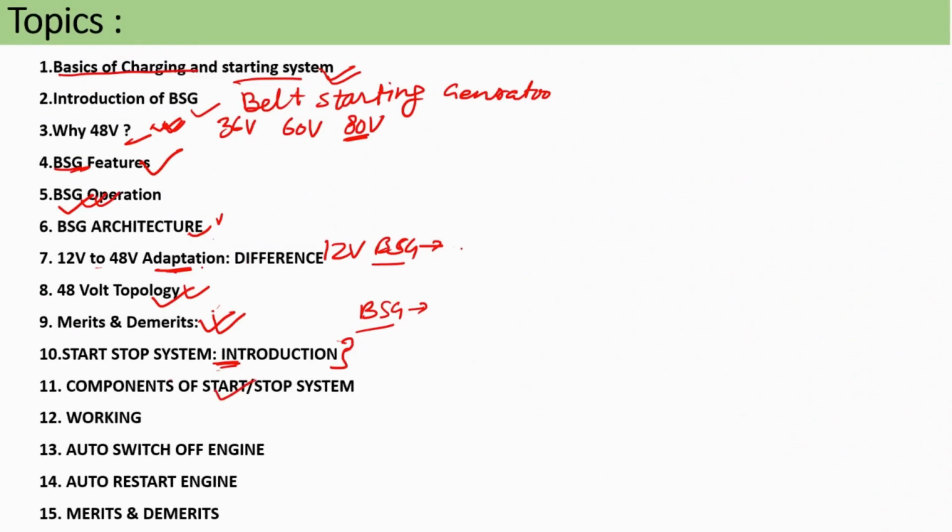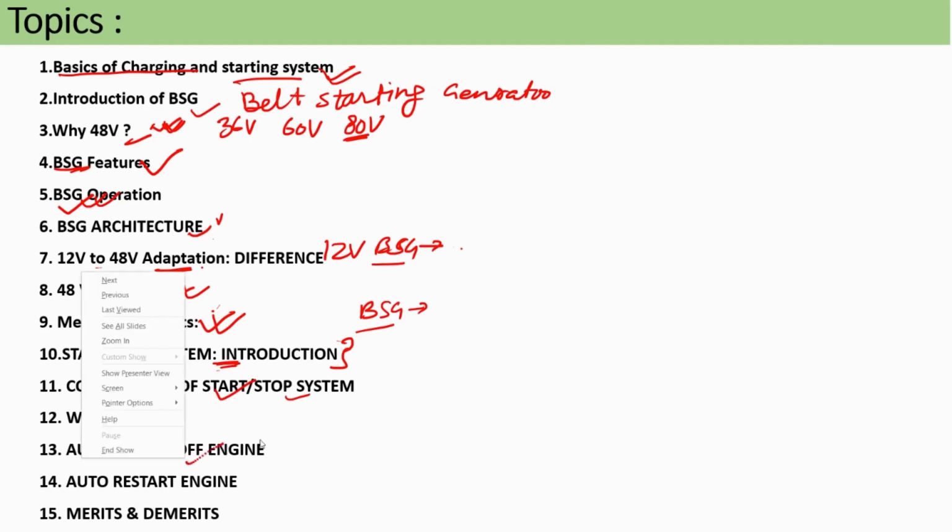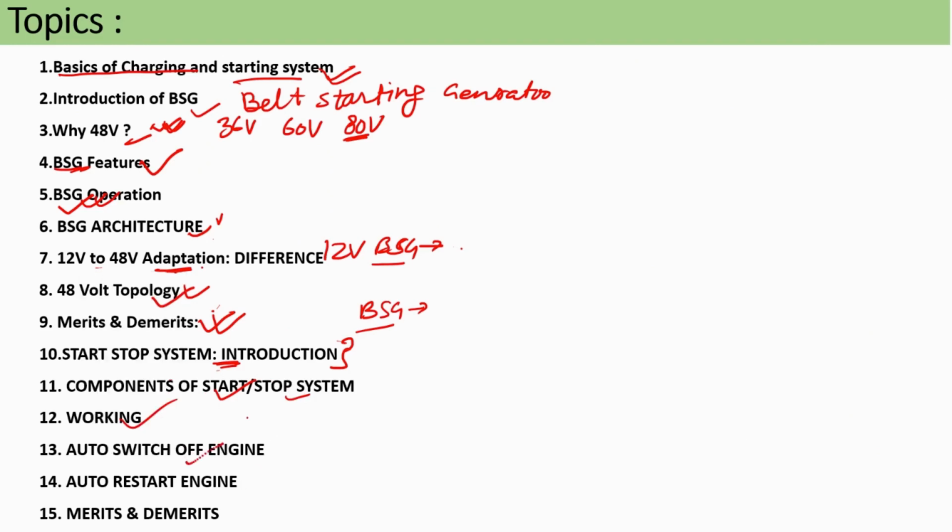We will see the components of a start stop system, how it works, then the auto switch off of the engine, the auto restart of the engine, and merits and demerits. We will try to cover these things also, but first we will see the essence of this BSG system and how it works in the system.